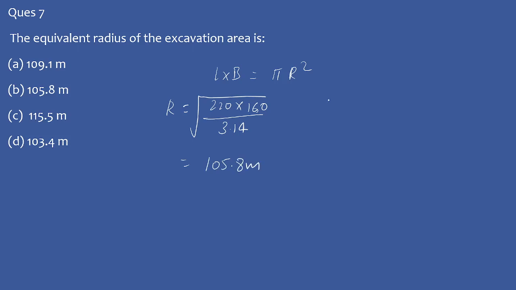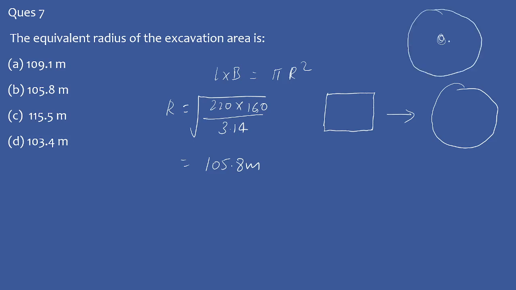So this is the rectangular area, and for better calculation you are converting this rectangular cross section into a circular one, because the well is basically circular. If they are pumping the water, the influence area created around it will be circular only.